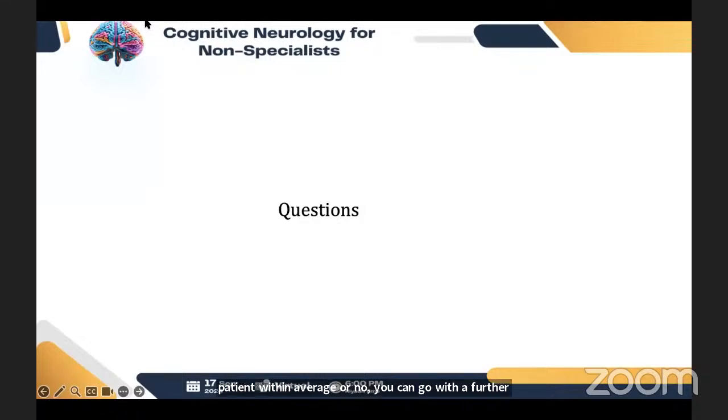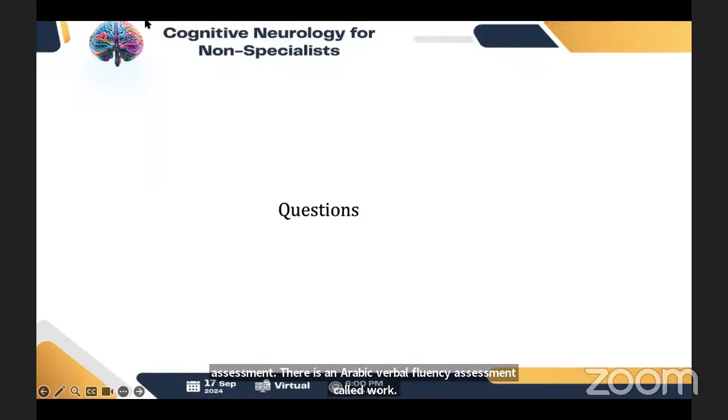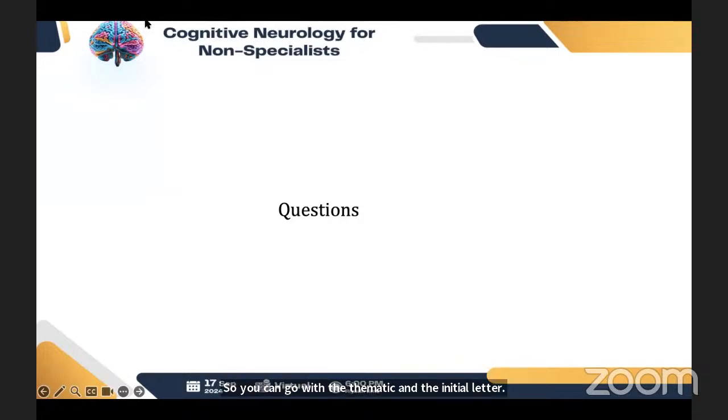There is an Arabic verbal fluency assessment called Waraq by Dr. Muhammad Salah. You can go with the semantic and the initial letter, assess your patient, and from there you can tell whether the patient is functioning within average or not.